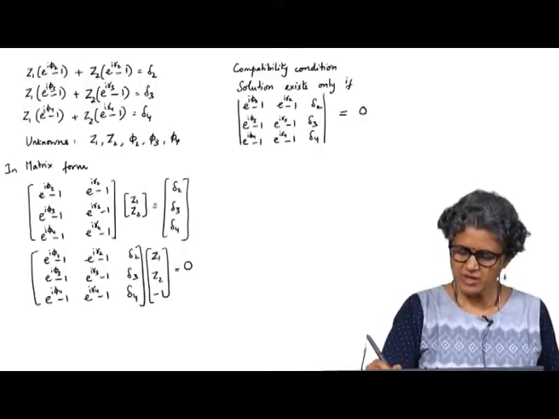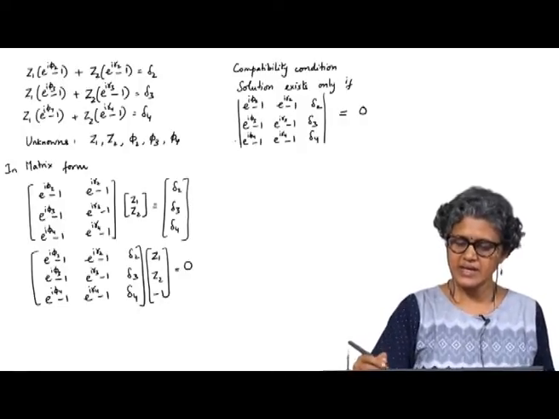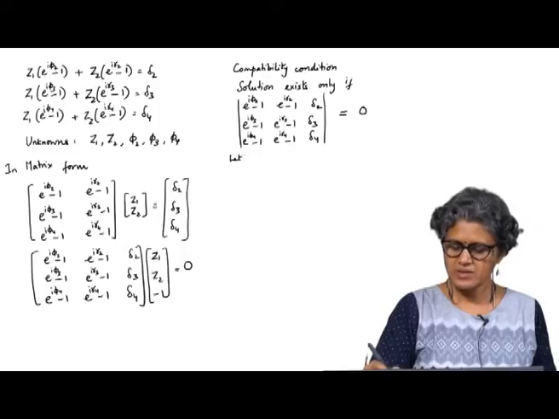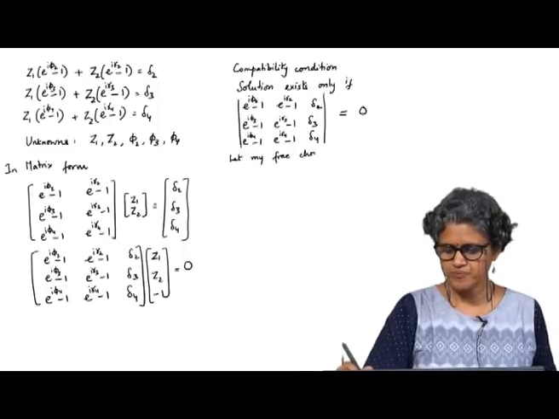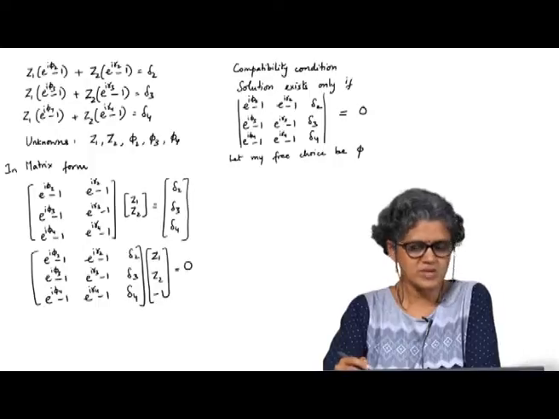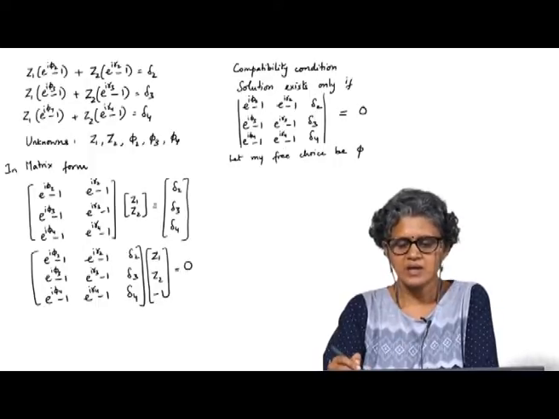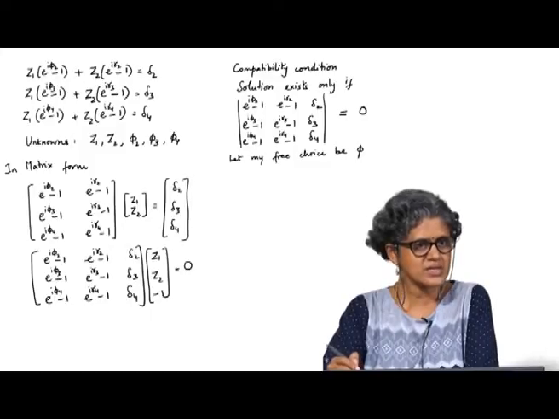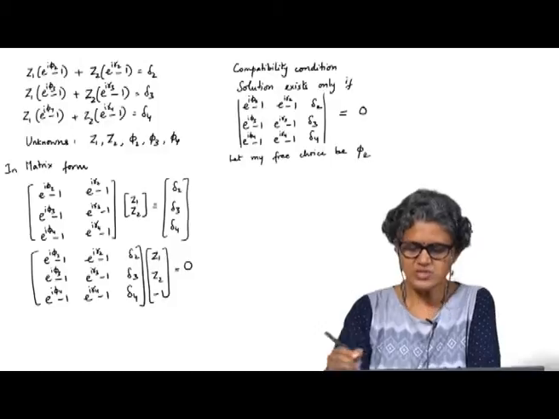I have only one free choice. Let us say I take my free choice to be phi 2. So, in this the second column everything is known because gamma 2, gamma 3, gamma 4 are specified. Again in the third column delta 2, delta 3, delta 4 are specified. So, let my free choice be phi 2.